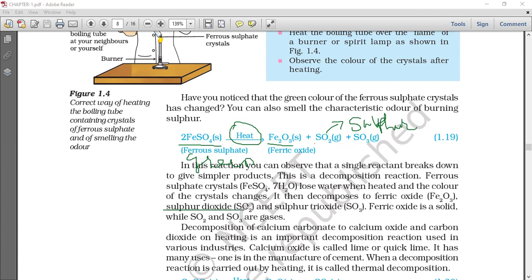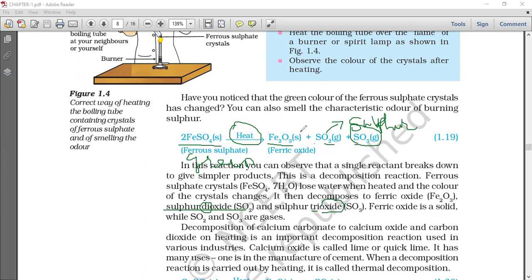Sulfur dioxide: di means two, so two oxygen atoms are present. And then plus sulfur trioxide: tri means three, so three oxygen atoms are present. So this is what comes in the reaction.